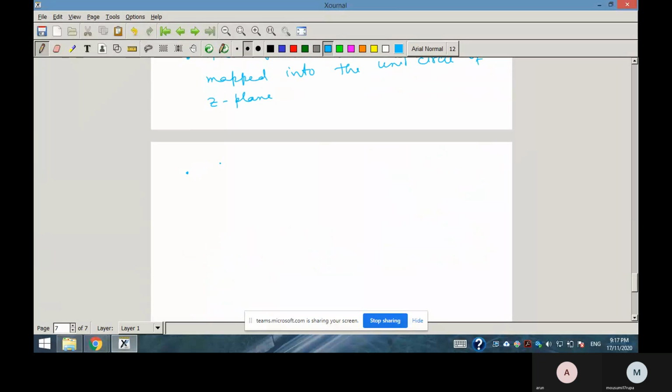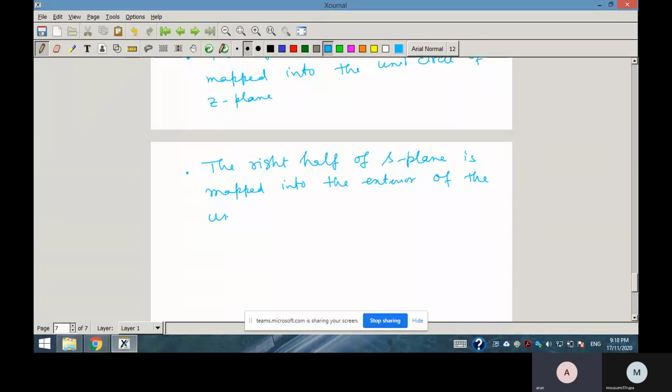And the right half of S plane is mapped into the exterior of the unit circle in Z plane.